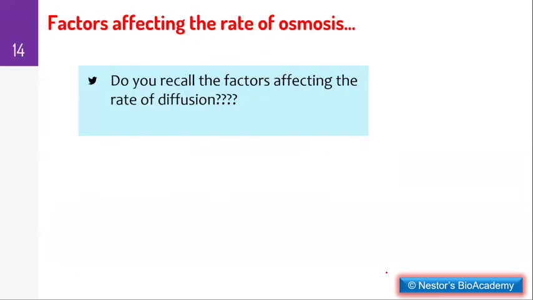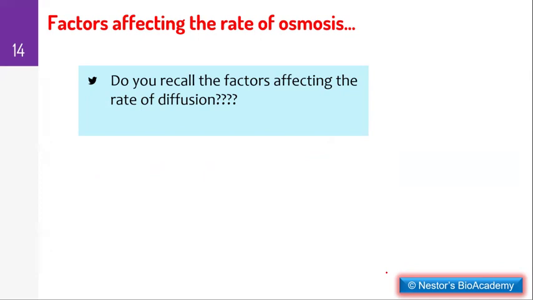And then we also have the factors affecting the rate of osmosis. Now, do you recall the factors affecting the rate of diffusion? If you do, then similarly the same factors affect the rate of osmosis, because as we have said earlier, osmosis is basically a special type of diffusion.